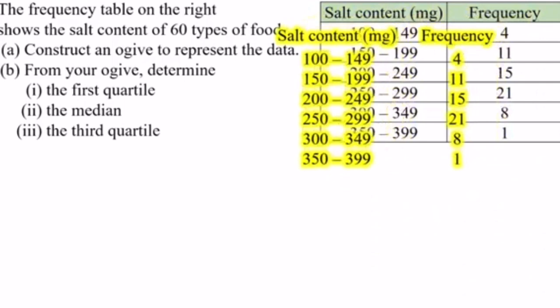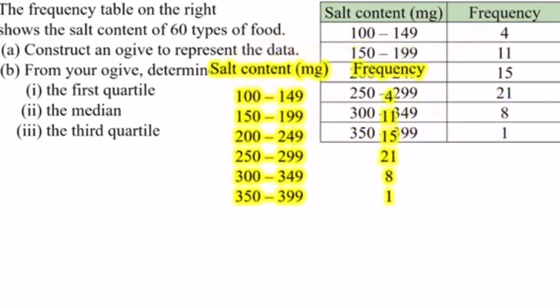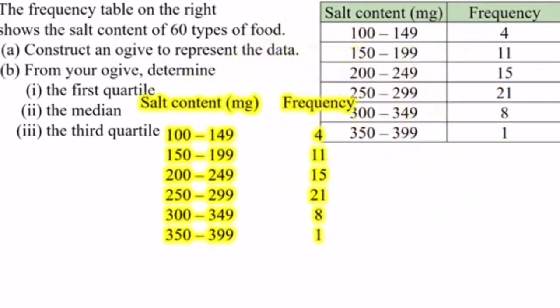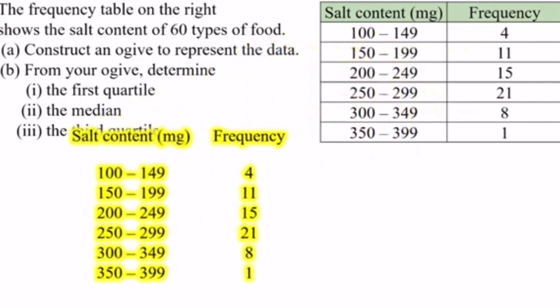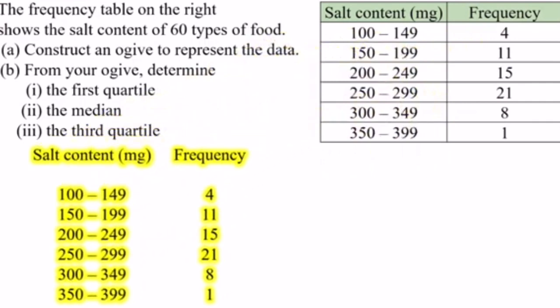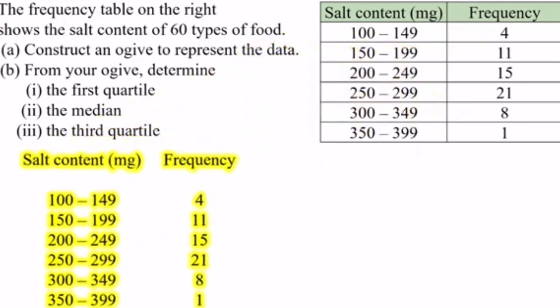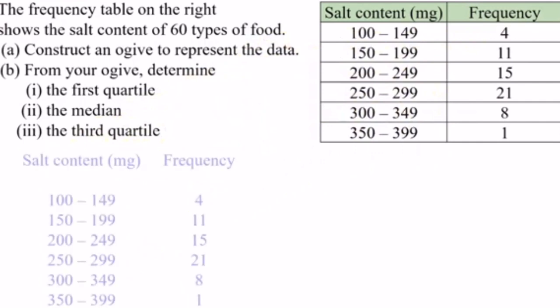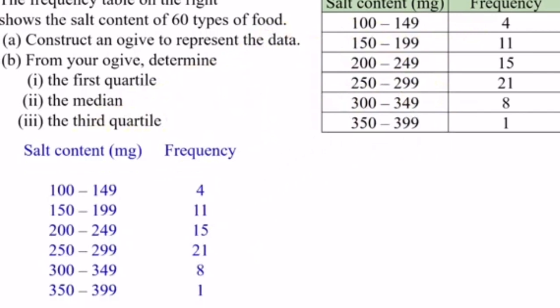So basically, you are given a table with a frequency. From the frequency table, you need to convert to a cumulative frequency table. How to convert to a cumulative frequency table? You just add another column and label it as cumulative frequency.